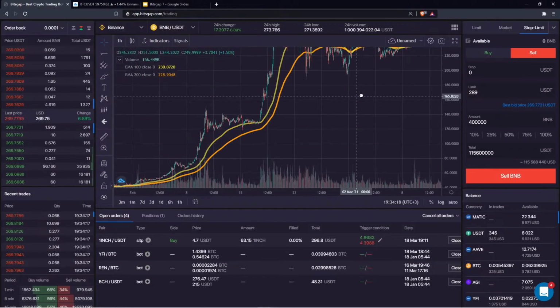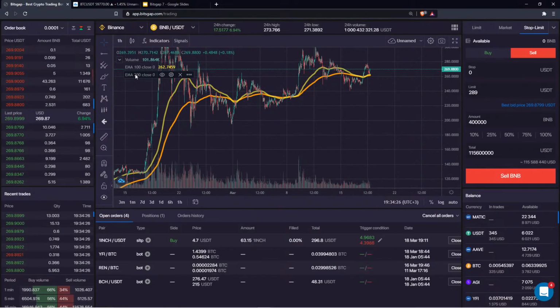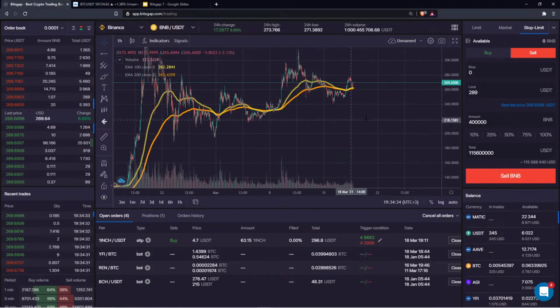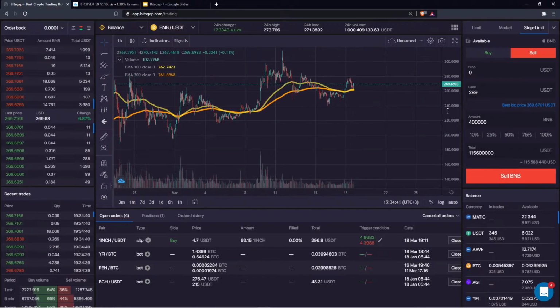So you have this EMA 100 and EMA 200, which is basically the period, and the bigger the number, the longer the period taken into calculation. So the stronger is this line, you can say that.